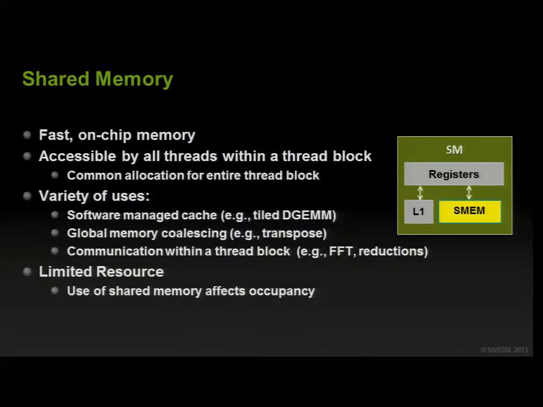If you know that you're not using any shared memory at all, you might want to increase the size of your L1 cache. You have not total freedom in choosing that. You basically have 3 different configurations for the split between L1 and shared memory.